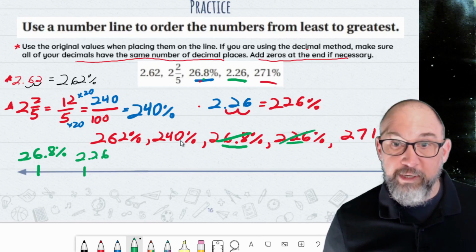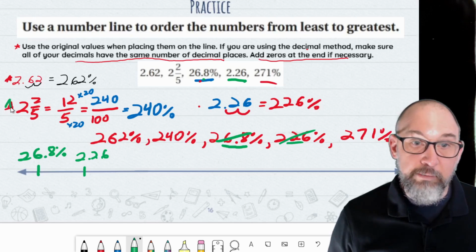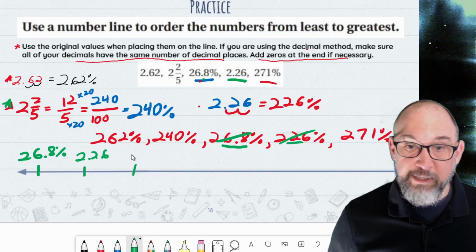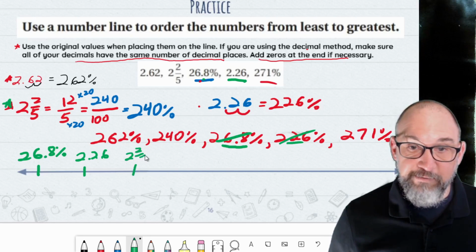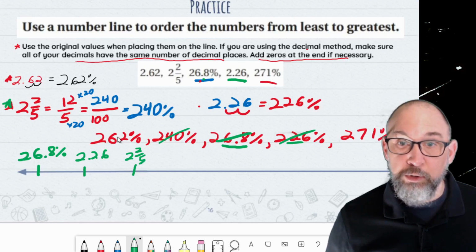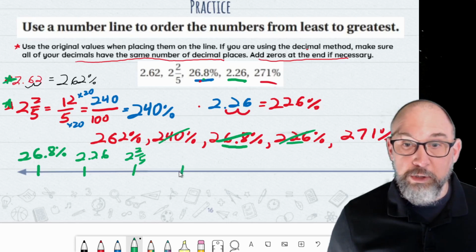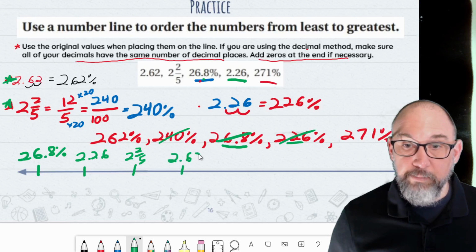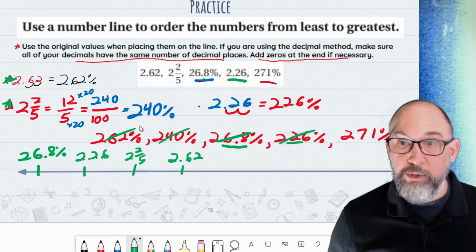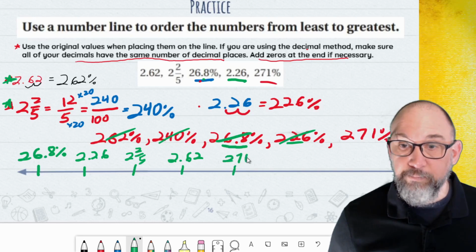Next would be 240%. 240%, remember, originally was 2 and 2/5. So that's going to be 2 and 2/5. Next is 262%, which was that 2.62. So next is 2.62. And that leaves me with 271%, which was in its original form the way it's written.